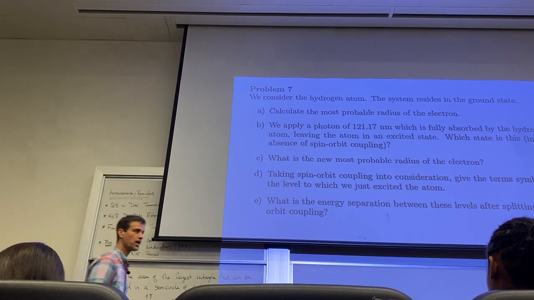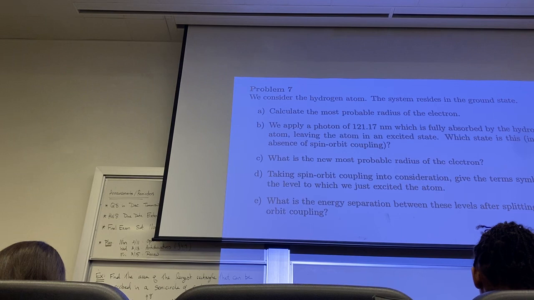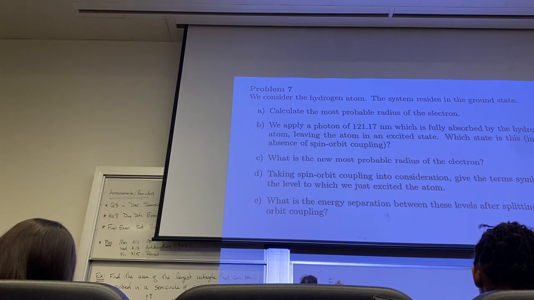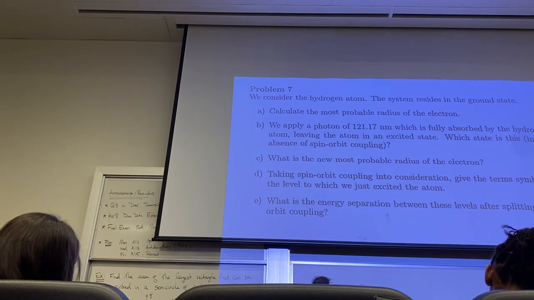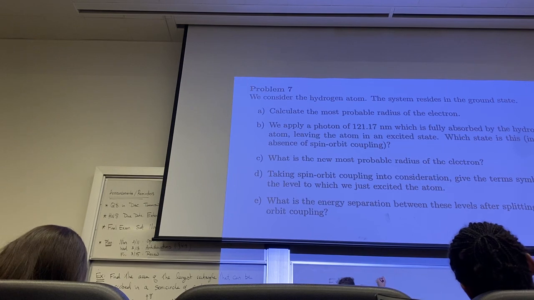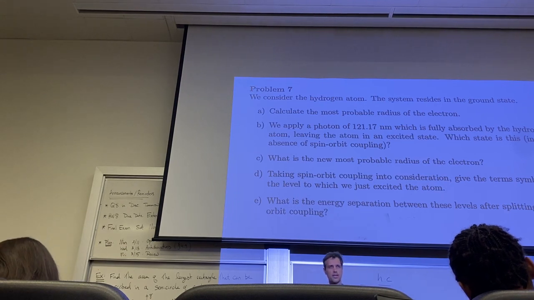But it depends, of course, on the energy of the photon. The energy of the photon is going to be added to my atom. So my first task is what is the energy of the photon that is exciting this atom? I can do that because I know that h times c divided by lambda is the energy of the photon.